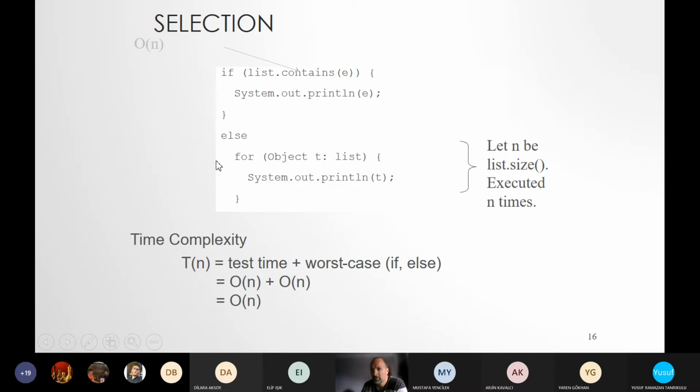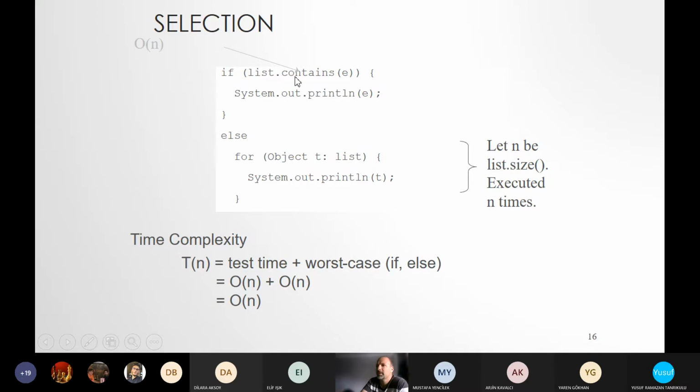The false side of the if statement is big O of n, because it depends on the size of the list. It's directly proportional to the size of the list. And so that becomes big O of n. So the if statement, big O of n, plus the else side of this, big O of n, means total big O of n.